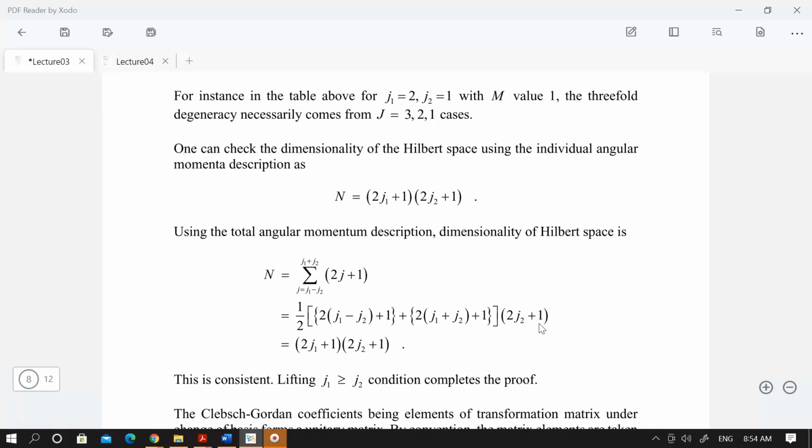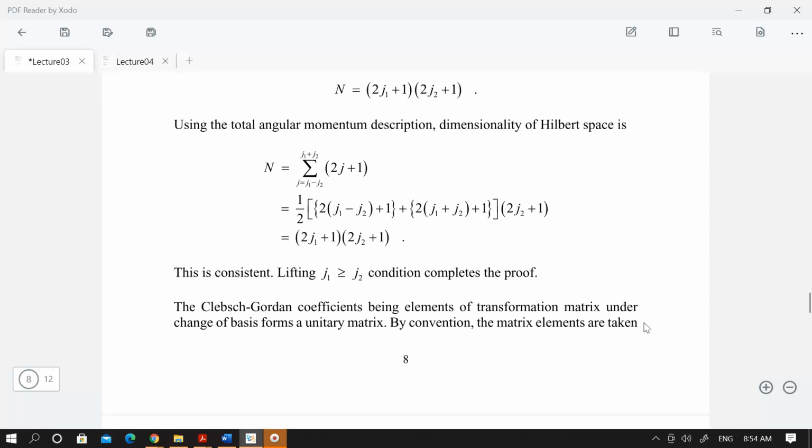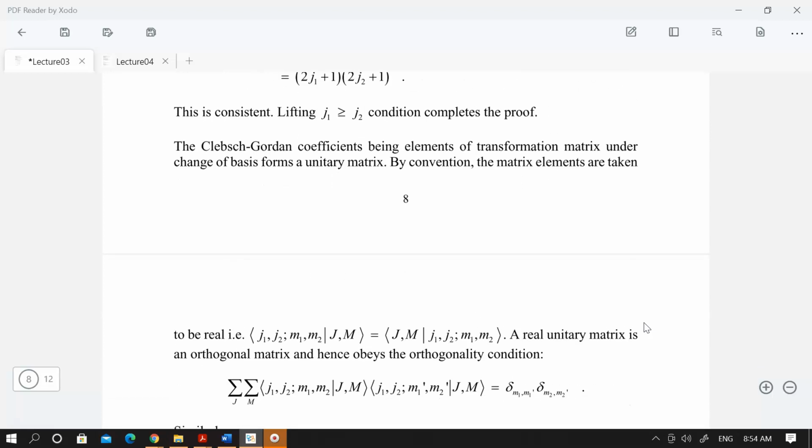Then you'll find it simplifies to 2J1 plus 1 times 2J2 plus 1, which is what we mentioned earlier: the dimensionality of the bigger Hilbert space of the composite system is just the product of the dimensions of the individual Hilbert spaces. So that's more or less what I want to say.